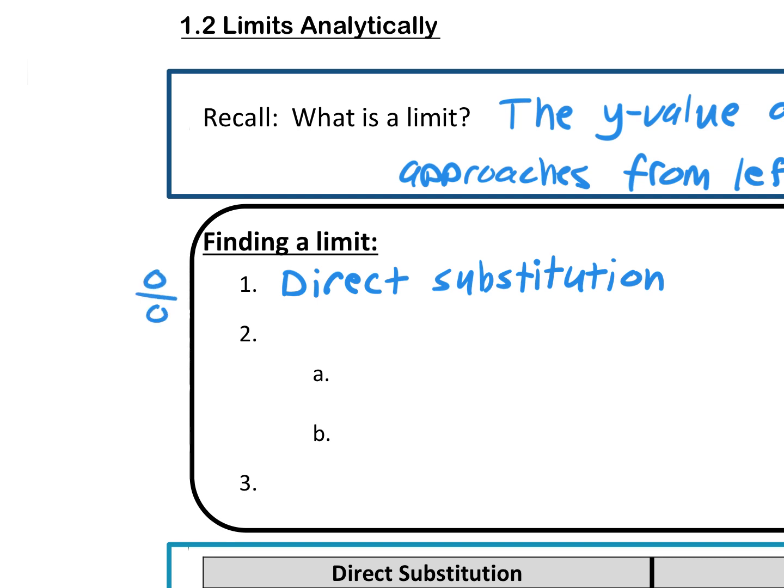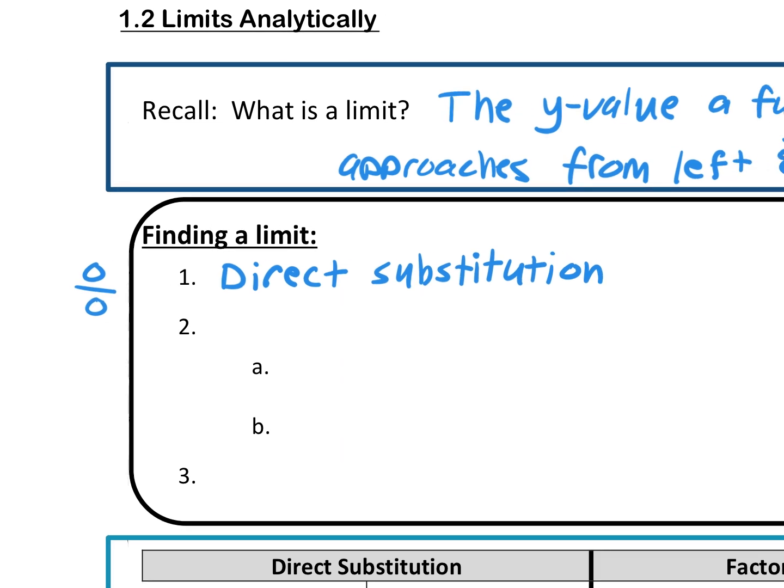You see that it doesn't work. This does not mean that the limit does not exist. Chances are, if there's a 0 over 0, it means there's maybe a hole, and it actually does approach something, but a lot of times it does not mean that the limit does not exist. There's actually a lot of work that goes into saying a limit doesn't exist.